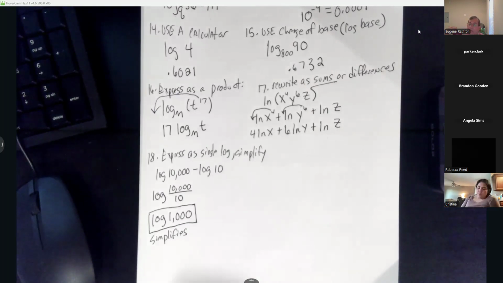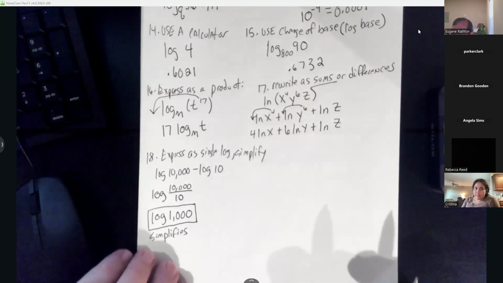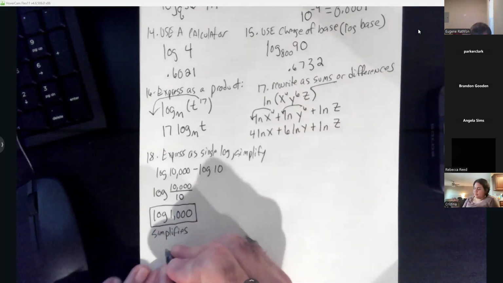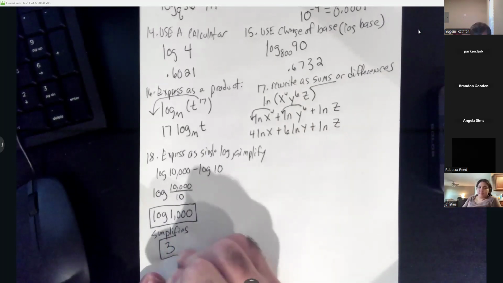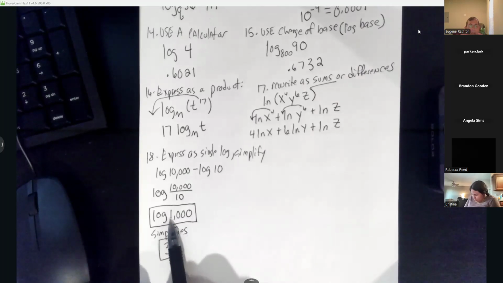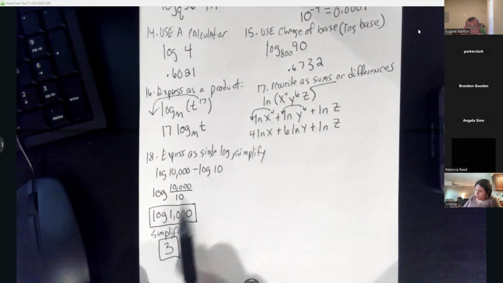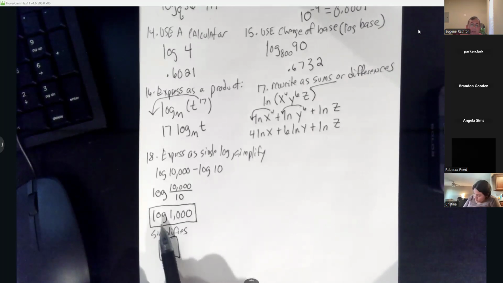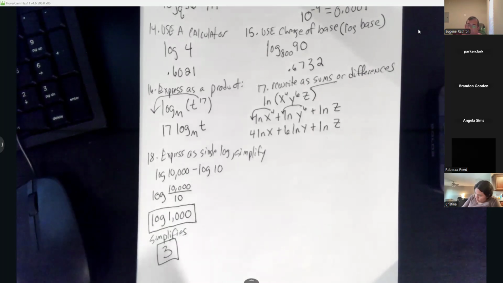Oh, what did I just hear? 3. 3, perfect. Good job. So you got to put your single log here, your quotient, which divided into the 1,000. Then you got to take the log of the 1,000 and simplify that to a 3. So MATLAB wants both of those simplified, okay?